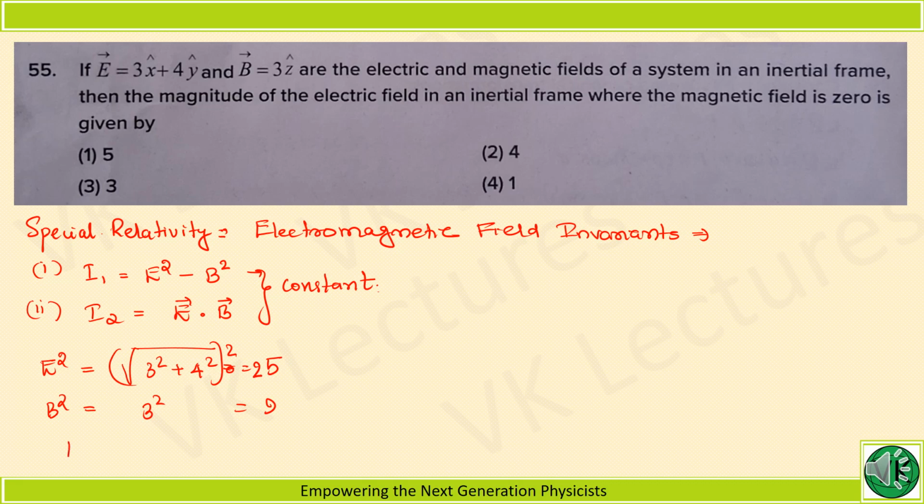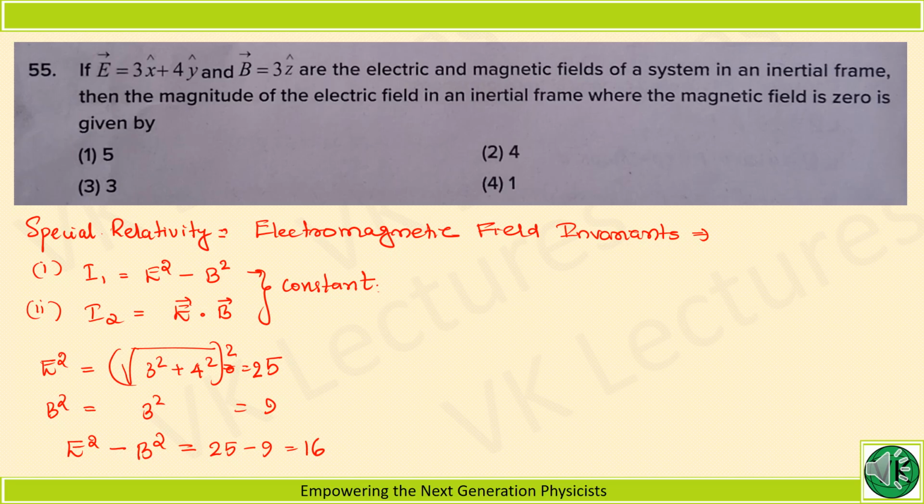So this electromagnetic field will always have E² minus B² equal to 25 minus 9, which is 16. This has to be constant.